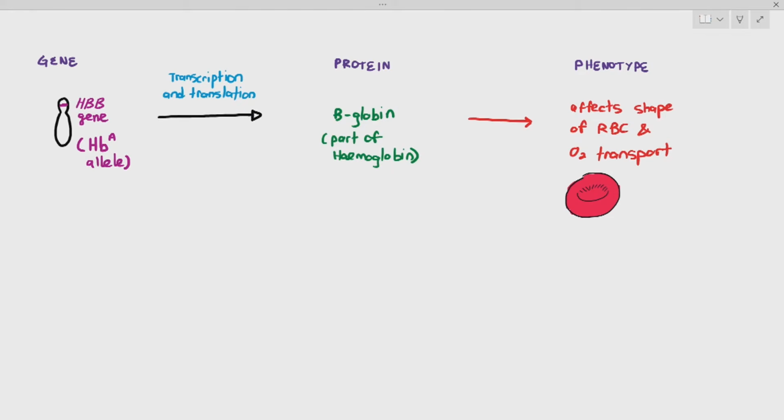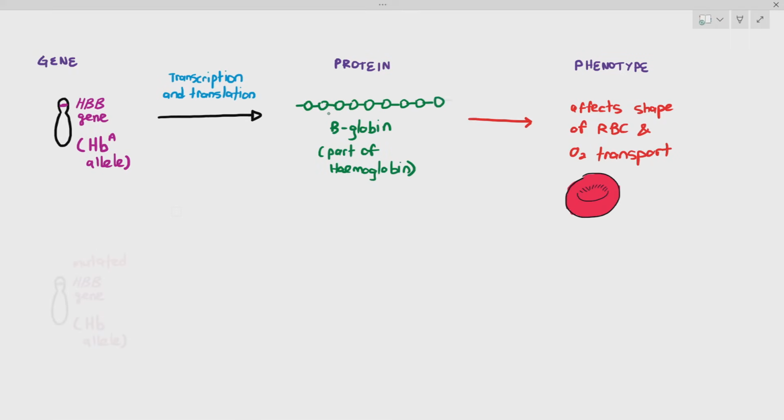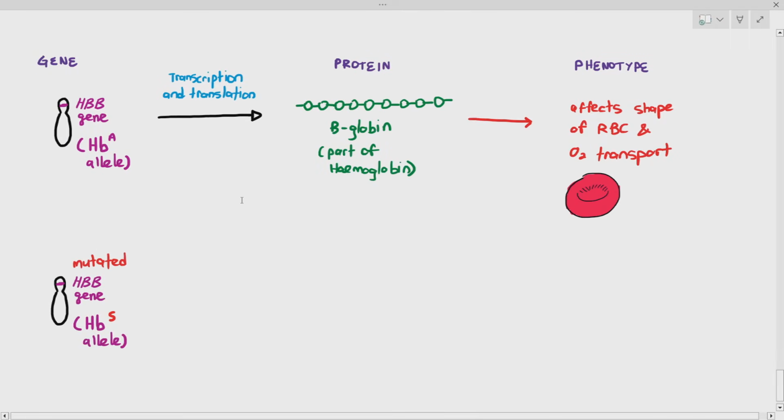So I'm just drawing it out over here where the normal HBB gene, I will represent it as the HbA allele. That's the normal allele, where when it codes for beta globin, I'm just drawing out the polypeptide chain, everything seems normal over there. Now, in the mutated HBB gene, it was mentioned in chapter 6 that a base substitution happened.